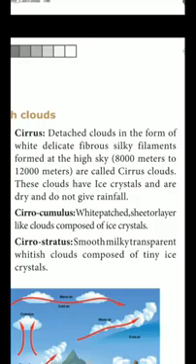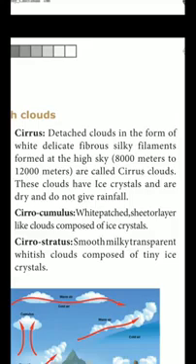Next, second type is cirrocumulus. What do you mean by this cirrocumulus? White patched sheet or layer like cloud composed of ice crystals. It will be like white patches, okay, sheet or layer like clouds composed of ice crystals.